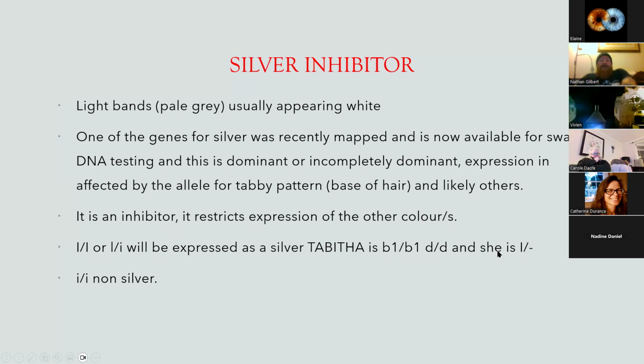And I suppose we would know that she only has one if she only had one silver parent. If she had two silver parents, then she could potentially have two. She could have got one from each parent. But the non-silver parent could only give her the non-silver gene. So, yeah, she could have one or two copies.